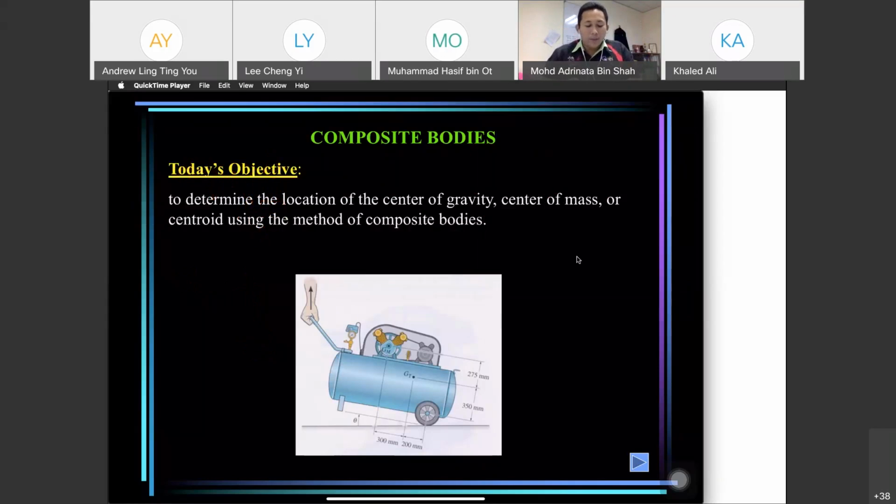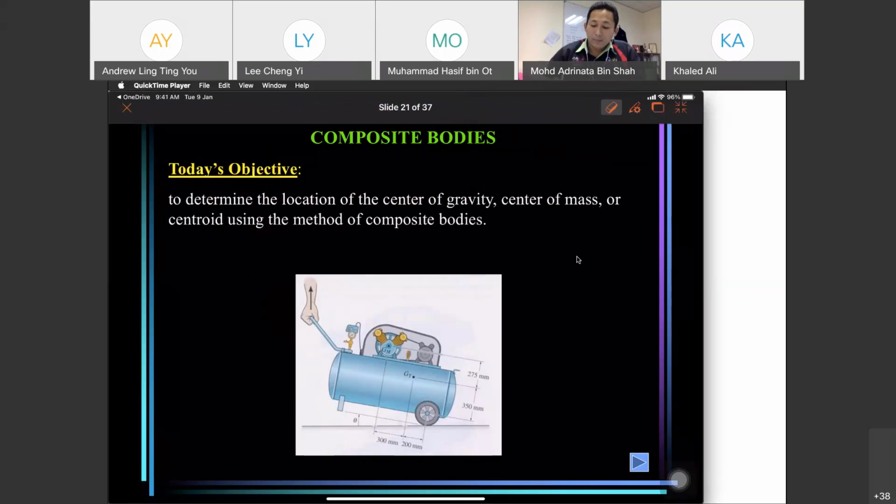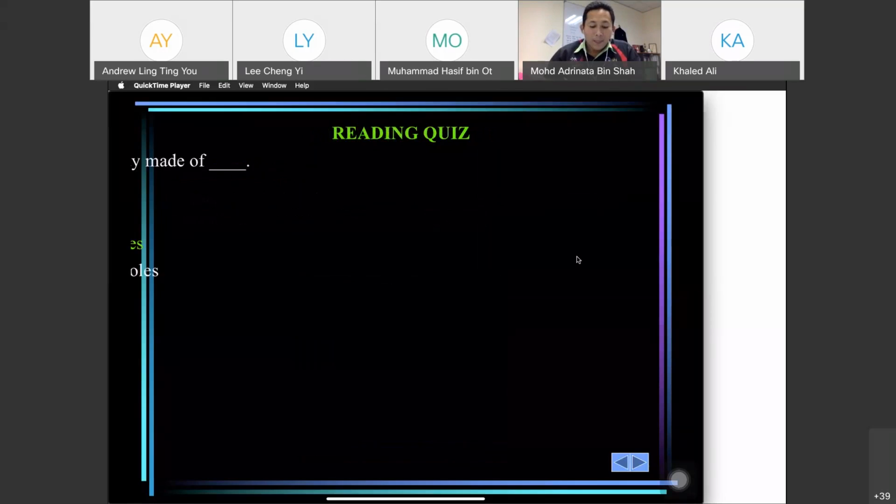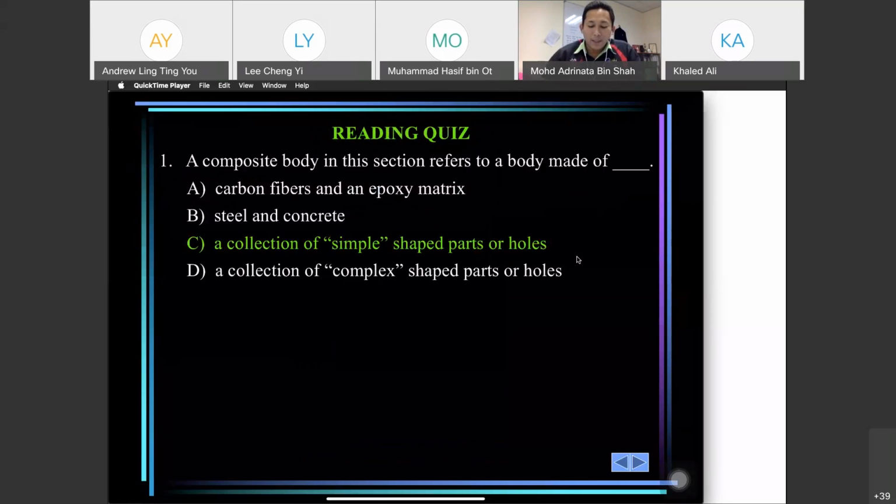Today's objective is to determine the location of the center of gravity, center of mass, or centroid using the method of composite bodies. A composite body in this section refers to a body made of a collection of simple shaped parts or wholes.